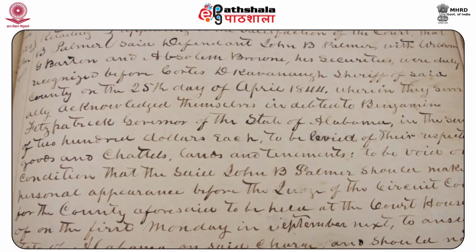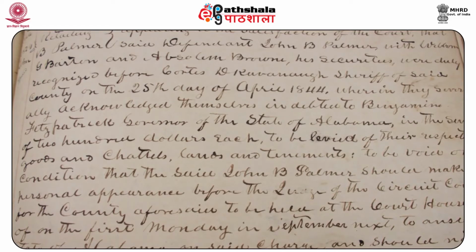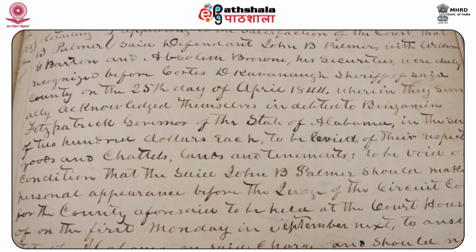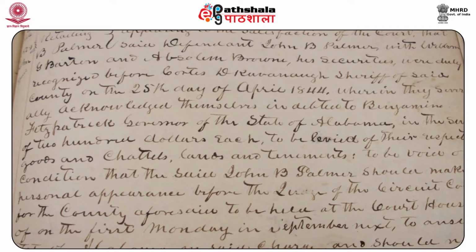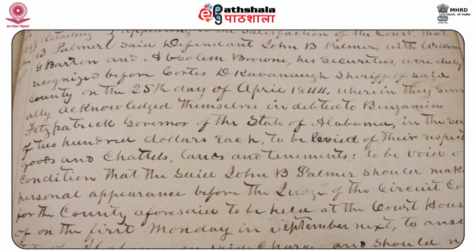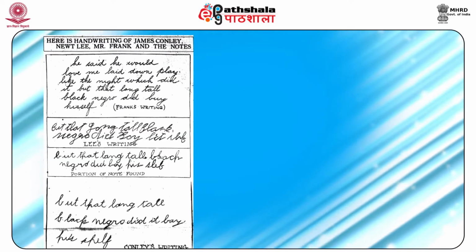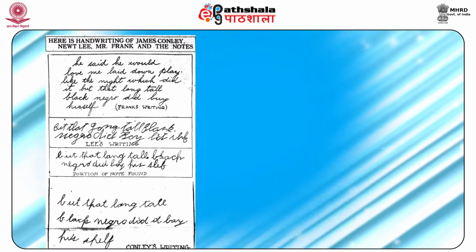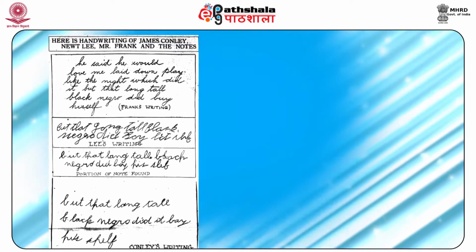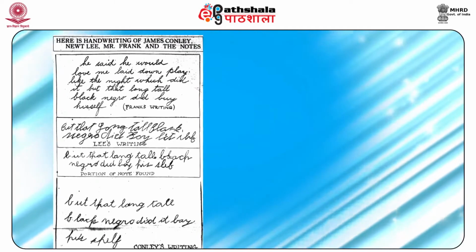When attempting to identify the author of a handwritten document, all characteristics of both the known and question writings must be considered. The basic writing habits in both groups must agree if they are the work of the same writer.